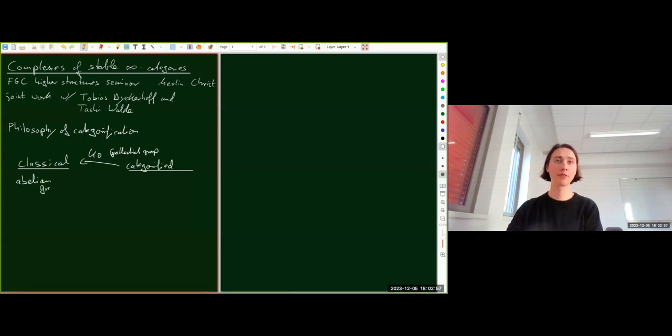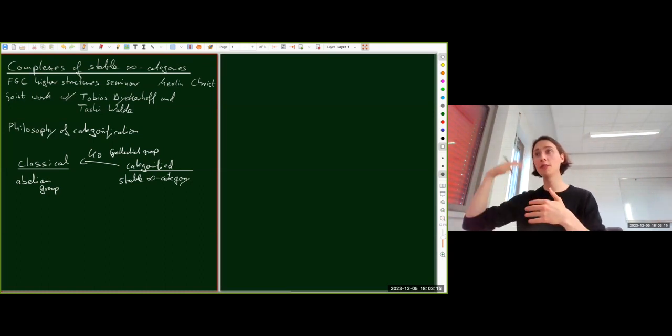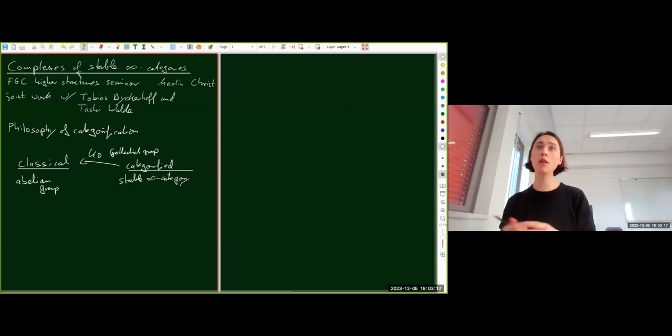For the categorification, I would like to propose to consider a stable infinity category. If you're not very familiar with this notion, it's first of all an infinity category, meaning a category with not only morphisms, but also two morphisms, three morphisms, and so on, where all morphisms after level 1 are invertible.